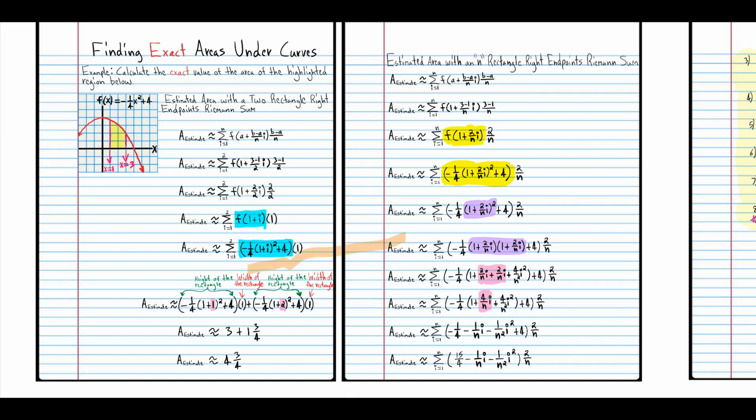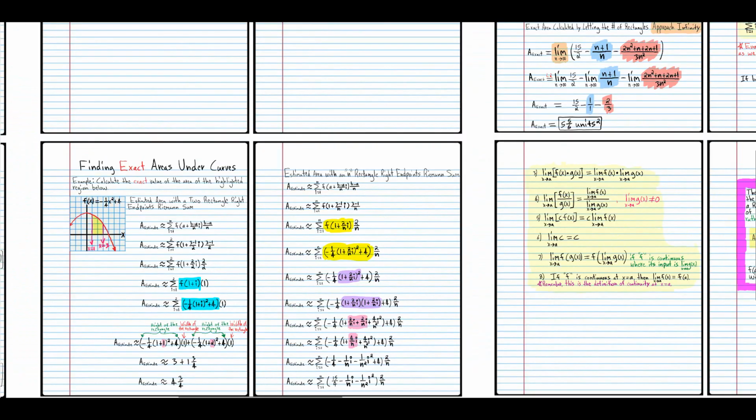Over here, we just plugged in our i values, and we added the areas, and we got the answer. But here, we don't know how many rectangles we're going to use. So we can't just start plugging in 1, 2, 3, 4, 5, 6 for i, because we don't know how far we're going to go when it comes to the number of rectangles.